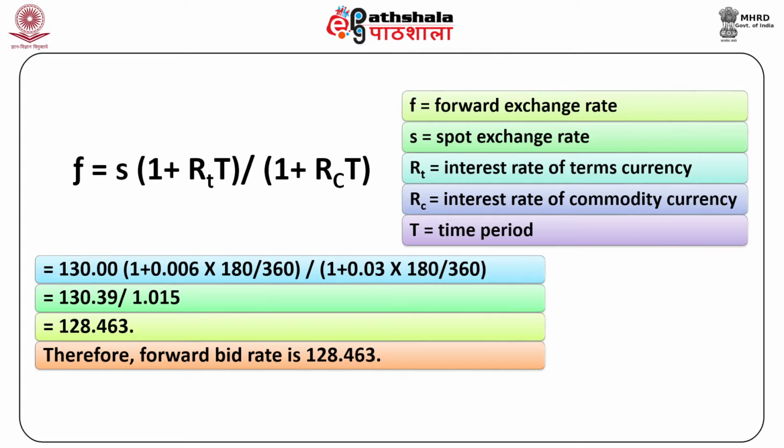130.00 within bracket 1 plus 0.006 into 180 divided by 360 bracket close divided by 1 plus 0.03 into 180 divided by 360, which is equal to 130.39 divided by 1.015, which is equal to 128.463.